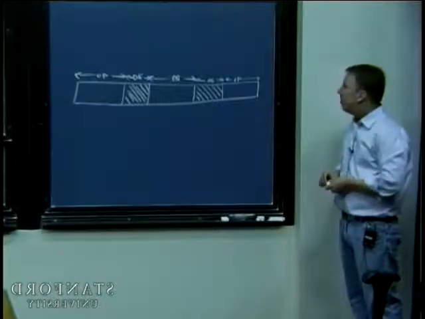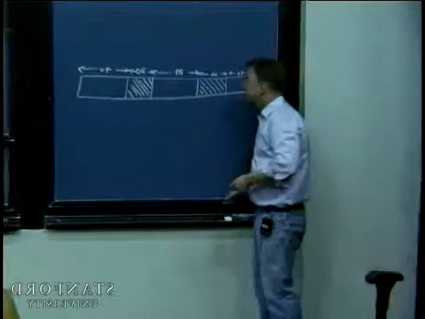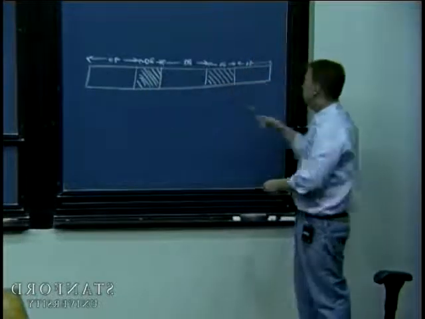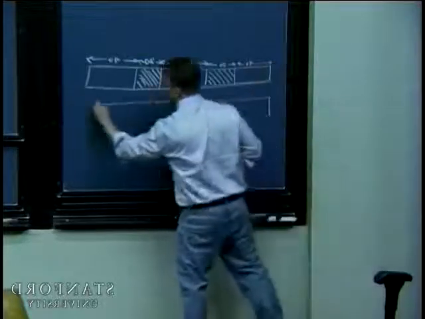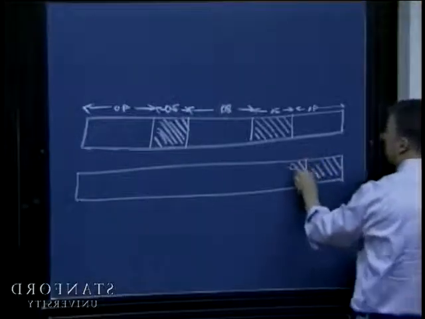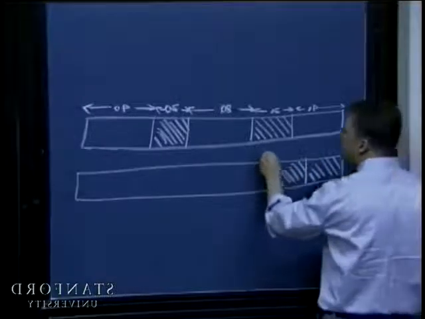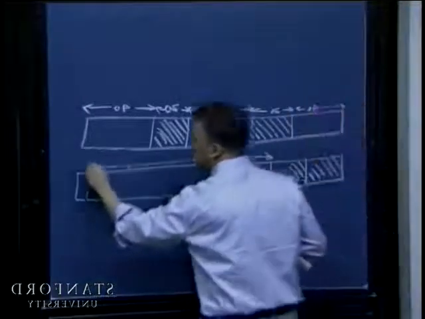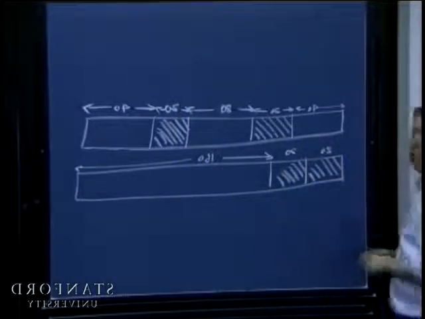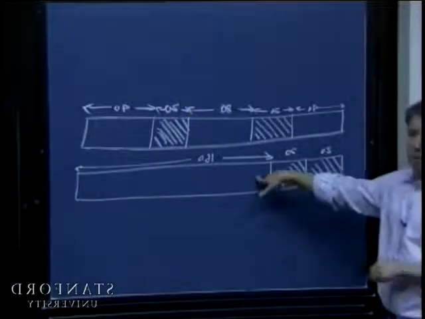So you may ask yourself, well, can I actually slide this over and slide this over even further to come up with this type of scenario where this is at the front and this is right next to it, and then I really do get 160 bytes that are free, 20 and 20, so that if I ask for 100 bytes, I can actually use it.